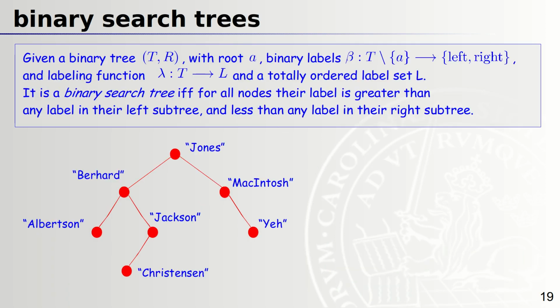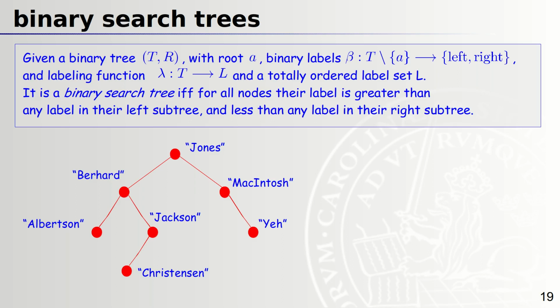A very common type of tree actually combines being a binary tree with being labeled. Suppose the label set is totally ordered, for example, by the alphabetical order on strings representing names or numbers. The idea is that the structure of the tree can be used to arrange the labels in the tree in a way that makes it faster to search for them.